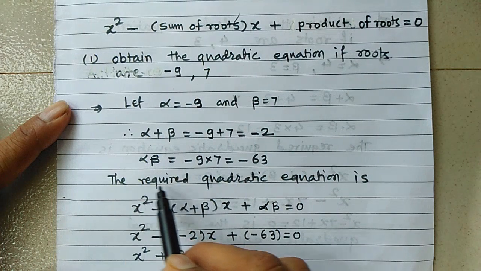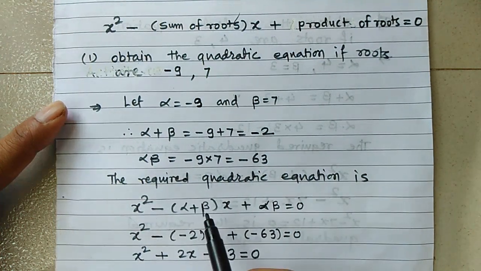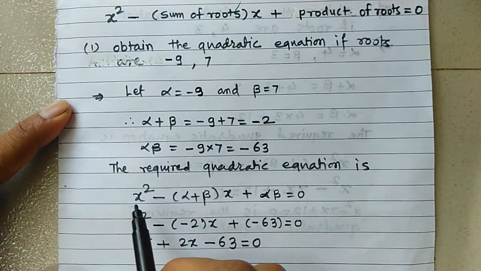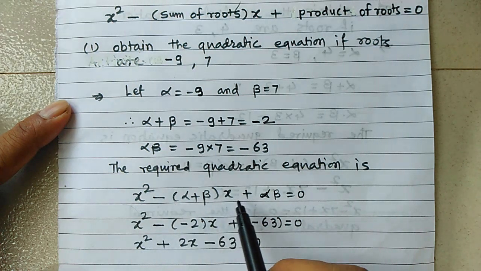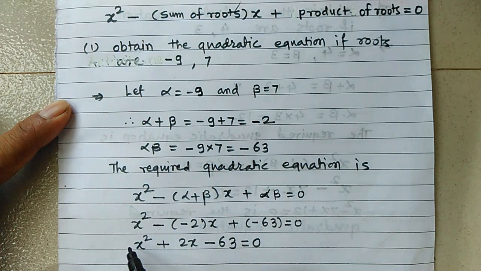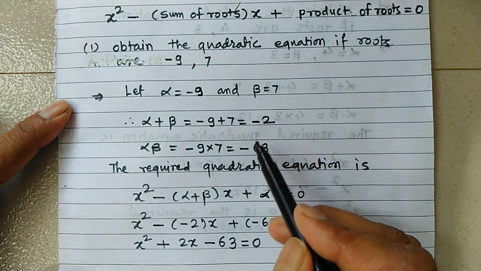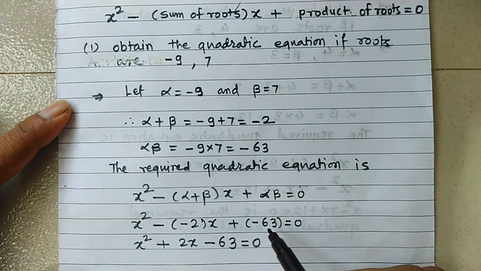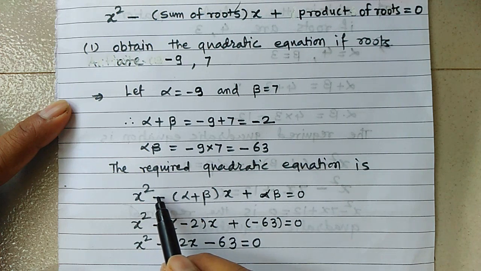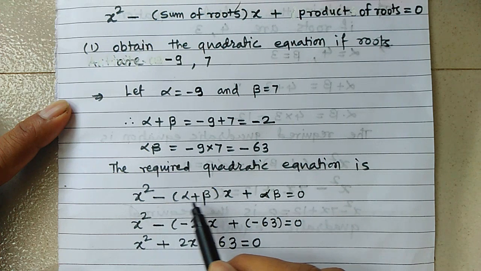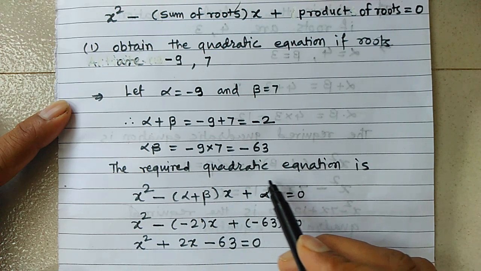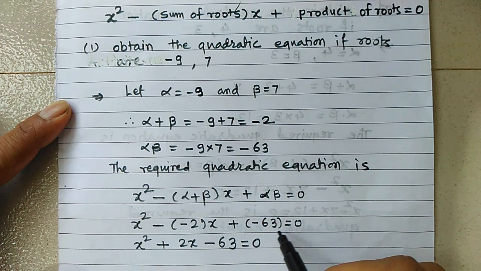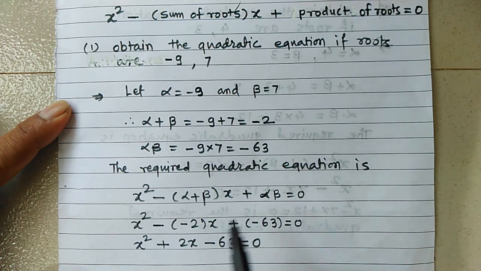Then write down the required quadratic equation is, just we have seen the formula, write down that formula, x square minus in bracket alpha plus beta into x plus alpha beta is equal to 0. Now substitute these values minus 2 and minus 63 in their proper places. x square minus, it is from the formula, alpha plus beta means it is minus 2, write down in the bracket, into x plus the value of alpha beta is minus 63, write down in the bracket, minus 63 is equal to 0.